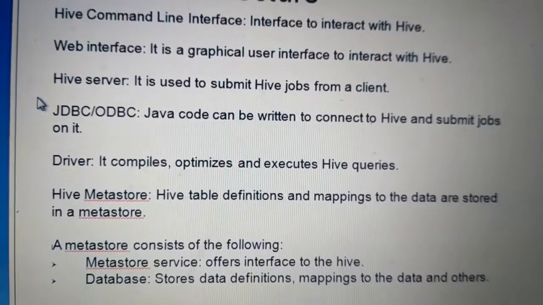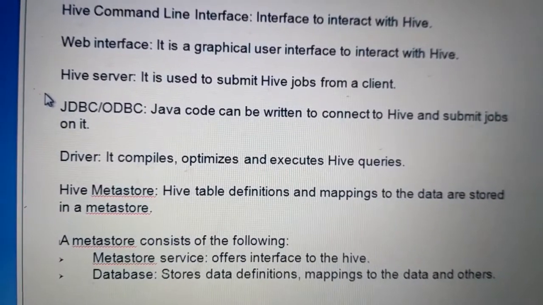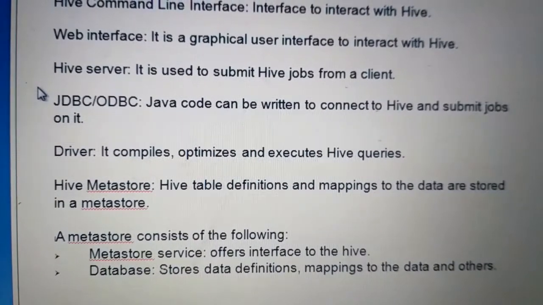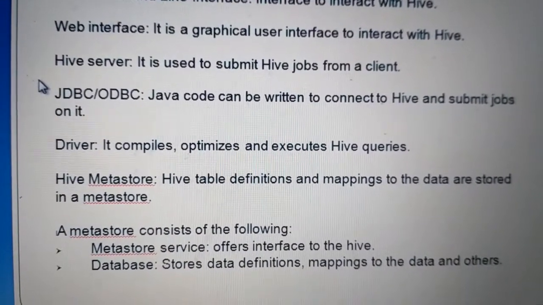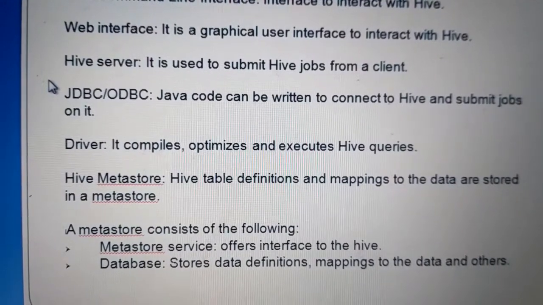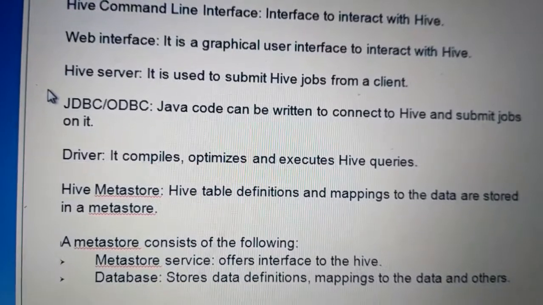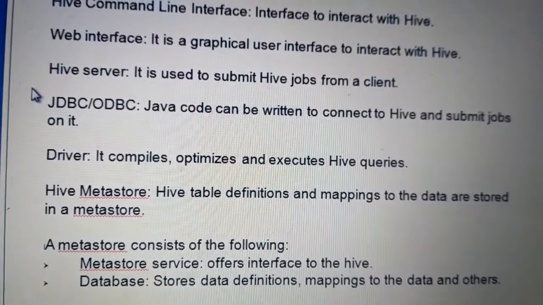Then Hive metastore. Hive table definitions and mapping to the data are stored in a metastore. The metastore consists of the following. Metastore services offer the interface to Hive. Then the database stores data definitions and mappings on the data and others.